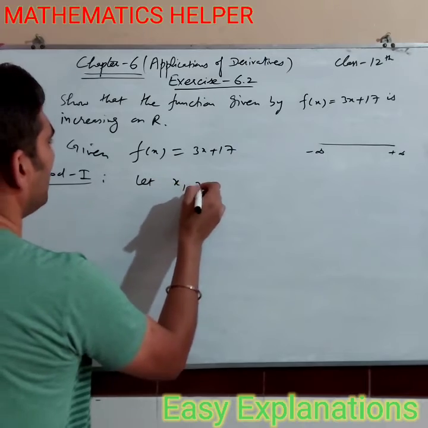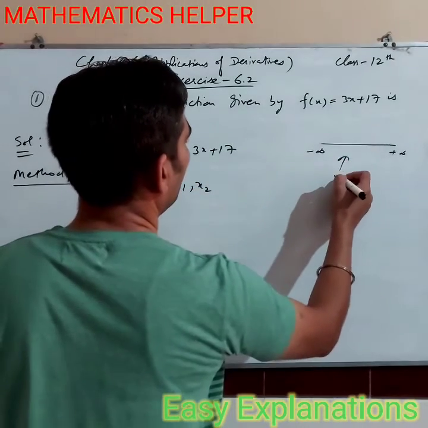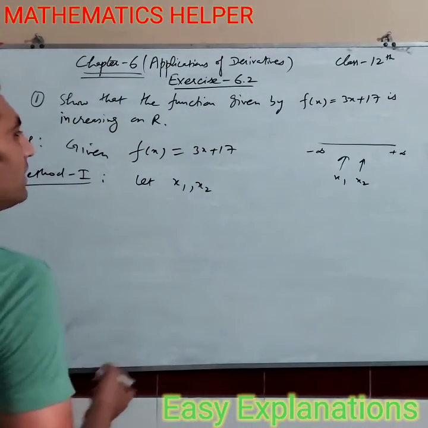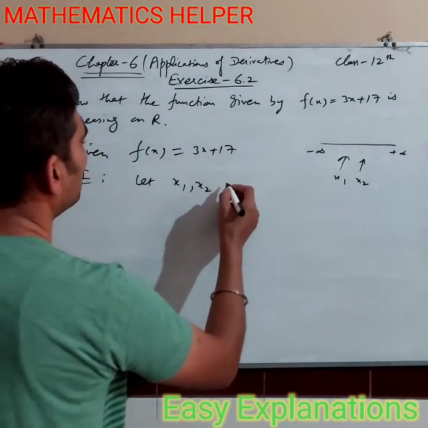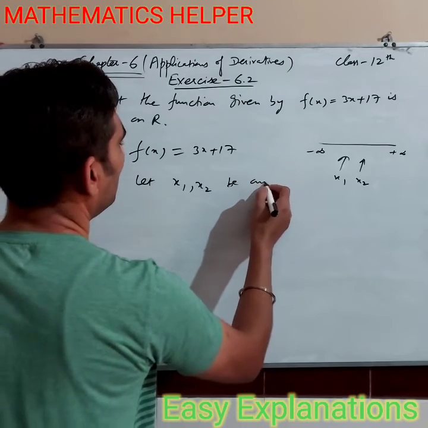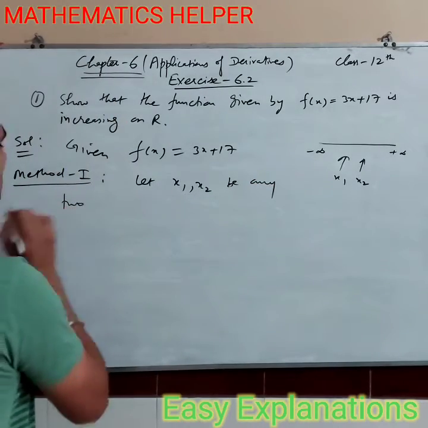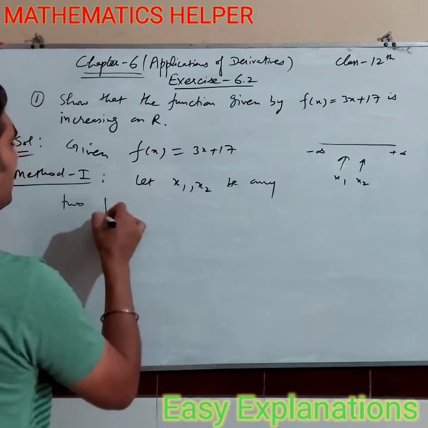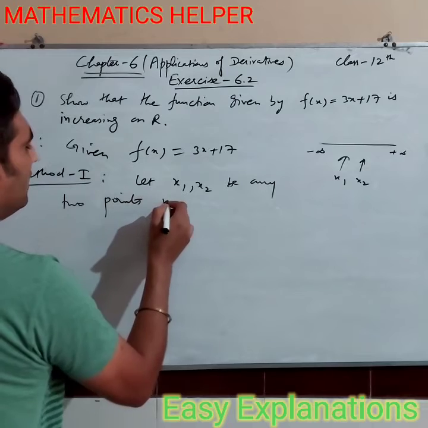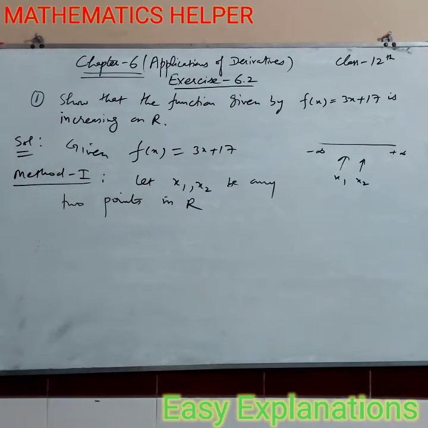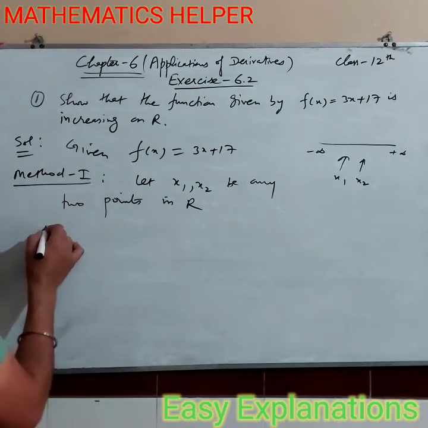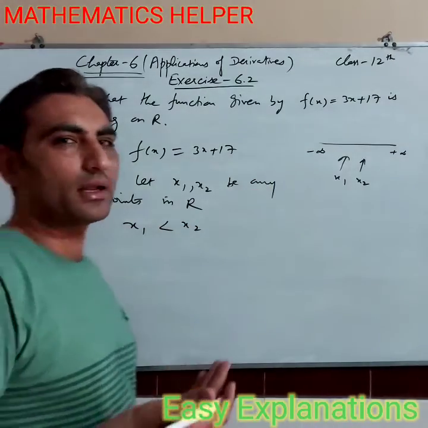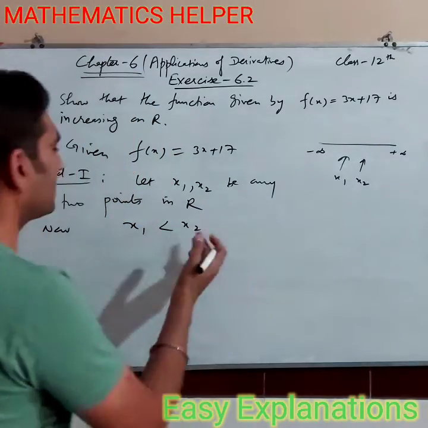Let x1, x2 be any two members, or you can say points, in R. R means real numbers. Now we choose x1 less than x2.